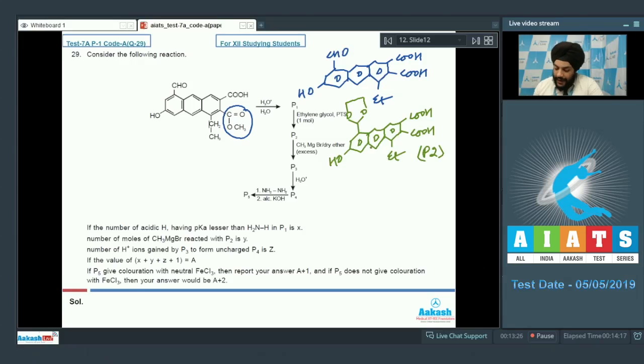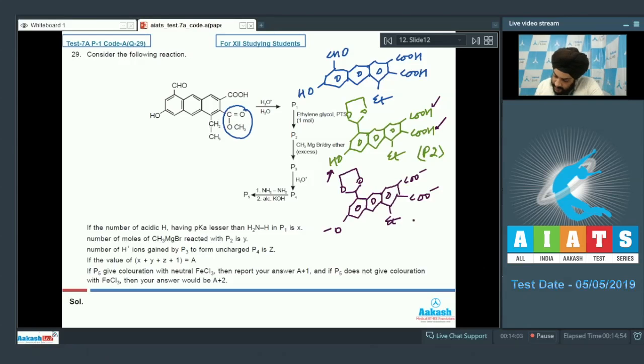Now this P2 is allowed to react with CH3MgBr in presence of dry ether. So the CH3MgBr in presence of dry ether is going to extract these acidic hydrogens. And we are going to have the formation of the conjugate bases. So the product P3 which will be formed is going to have this structure.